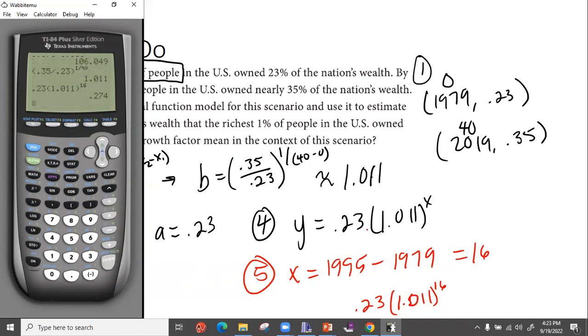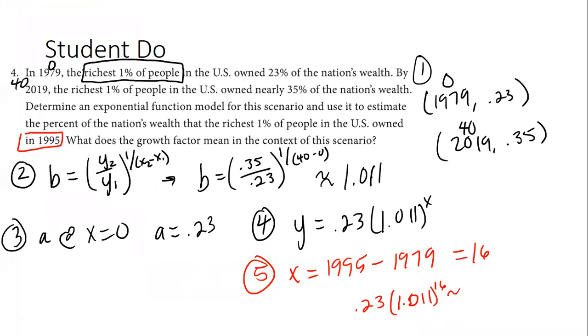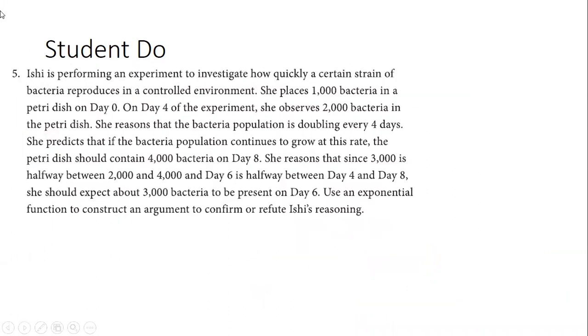And I get, this is approximately 274 thousandths, which means that this is approximately 27.4% is what the percentage was in 1995. Okay. All right. Here is our last one that I want you to pause and do.